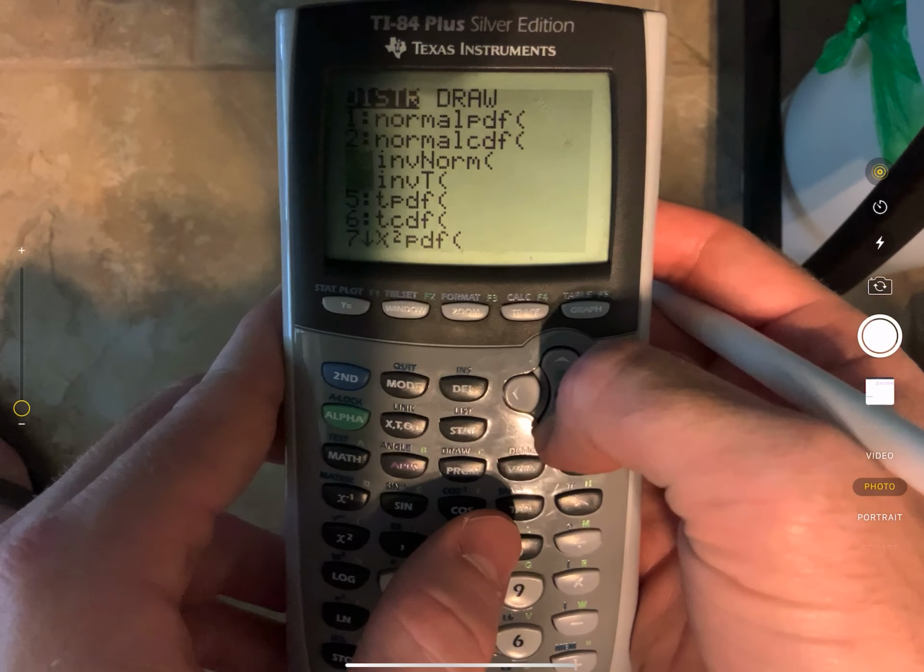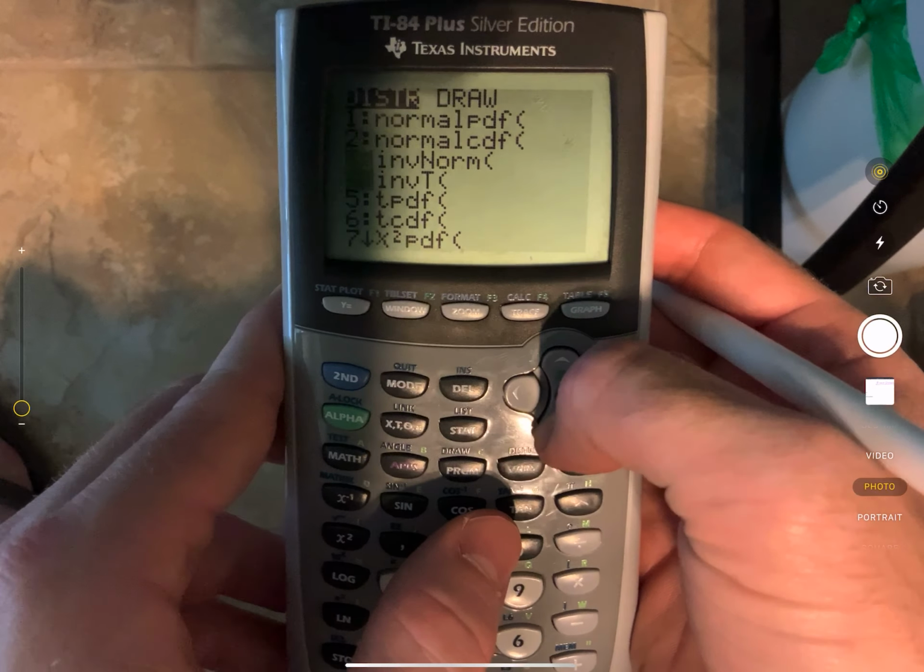So when you do the binomial PDF, the first thing is your n, then you put a comma, and you put the probability p, and then you put a comma and how many successes x there are. And then your calculator will get that out for you. So if you were trying to do something weird, do second distribution, go down to binomial PDF.